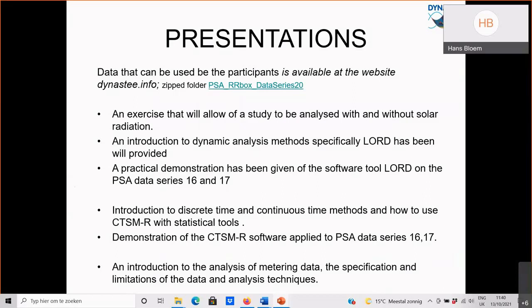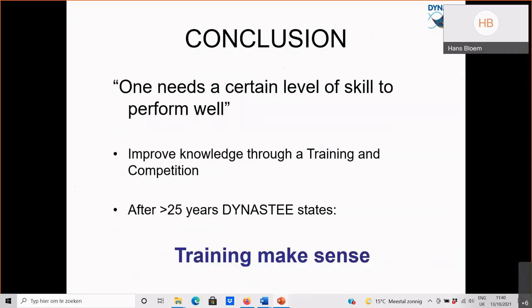Richard has also presented what issues come up with metering data, and we may go in the future a little bit more in that direction.